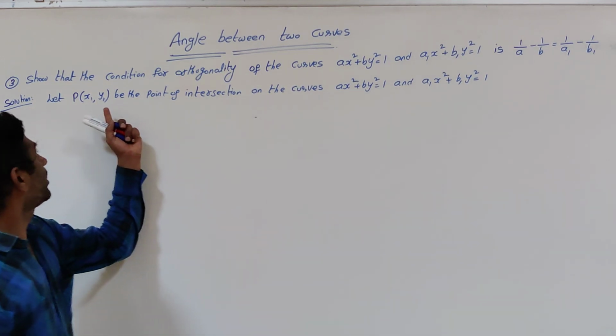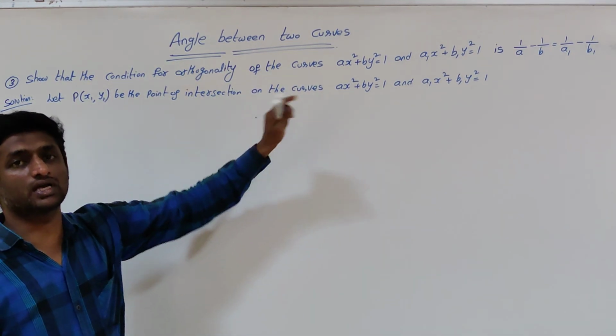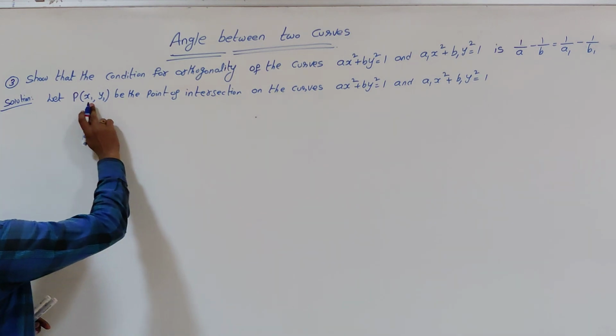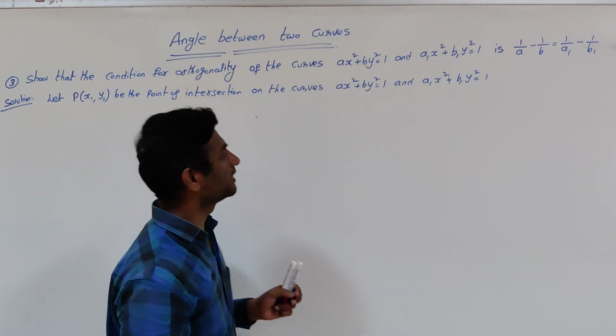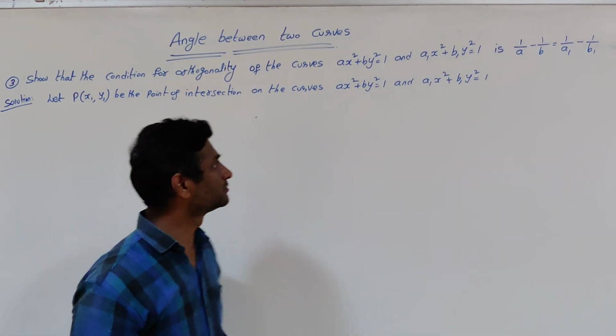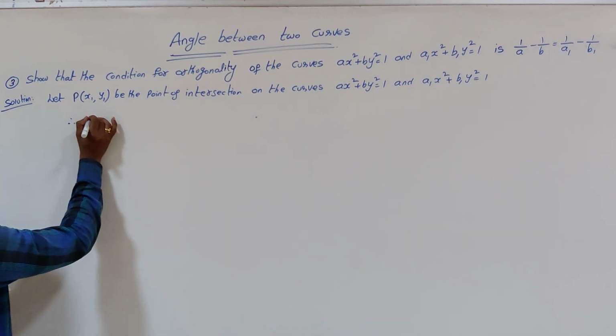So this point lies on both the curves, means this point will satisfy the first curve as well as the second curve. Therefore, if you substitute x1, y1, they will get satisfied.